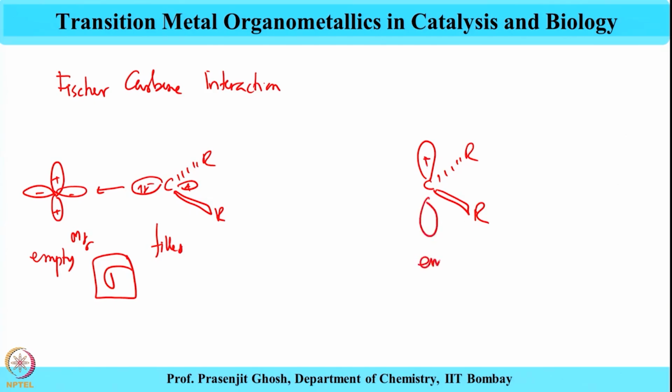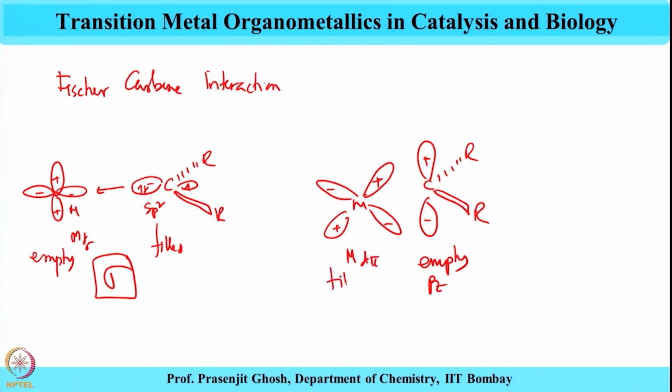Now, this one is empty, this is the sp2 filled and this is pz empty, interacting with the metal d pi orbital which is filled, and this is a pi type interaction.